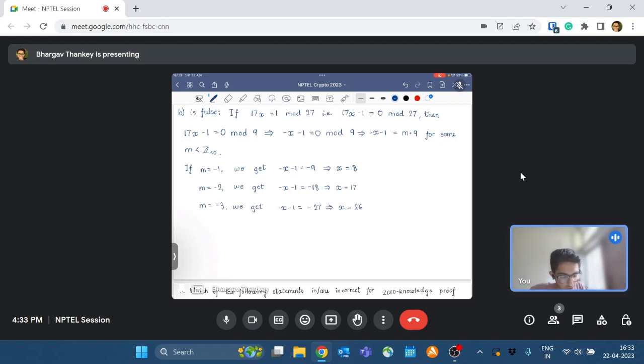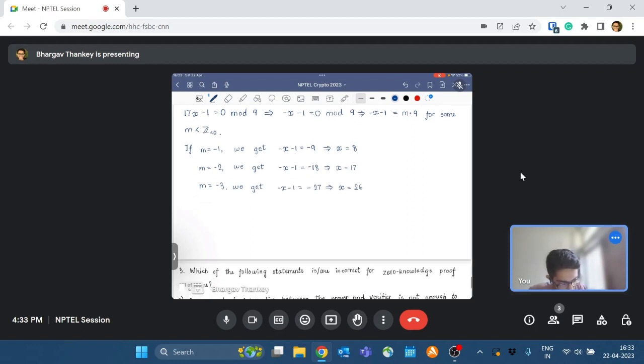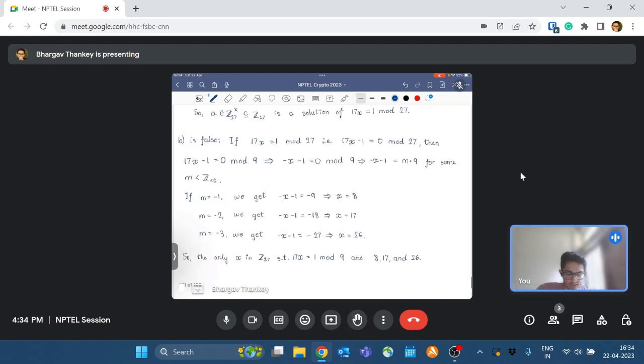So the only three solutions in Z27 are 8, 17, and 26.